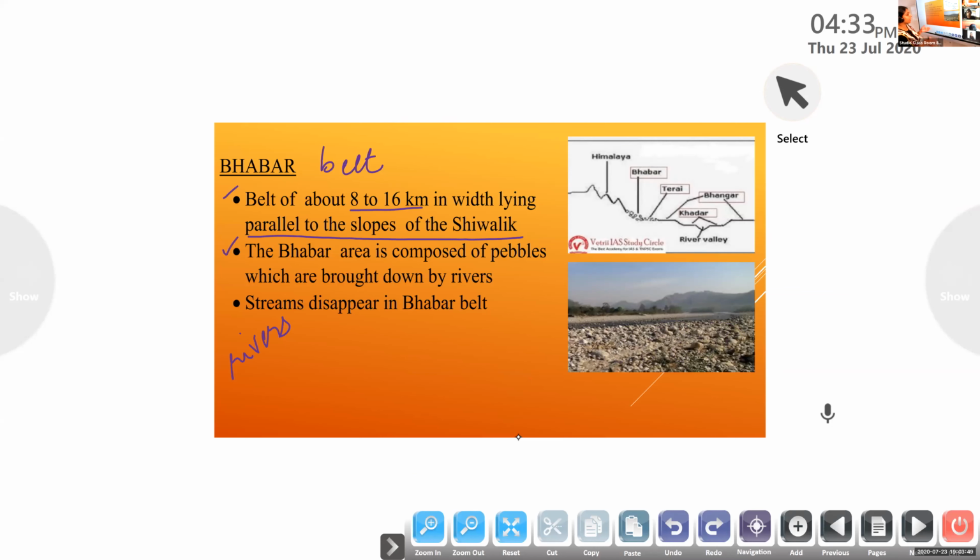This area is filled with rocks and pebbles, so we cannot see the flowing river. That is the meaning of the sentence. Streams disappear does not mean the river disappears. The river is there, but we cannot see it because of the pebbles and rocks. Clear?